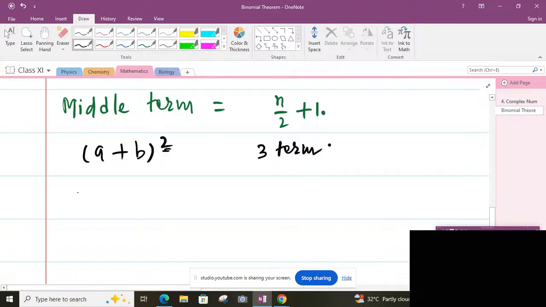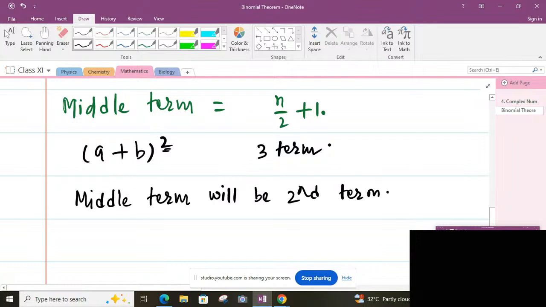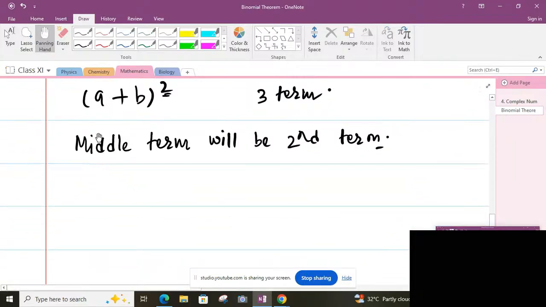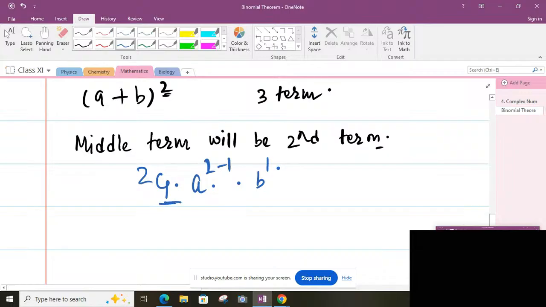So the middle term will be the second term. According to the general expansion, what will be the second term? The second term will be 2C1 a to the power 2 minus 1 into b to the power 1.